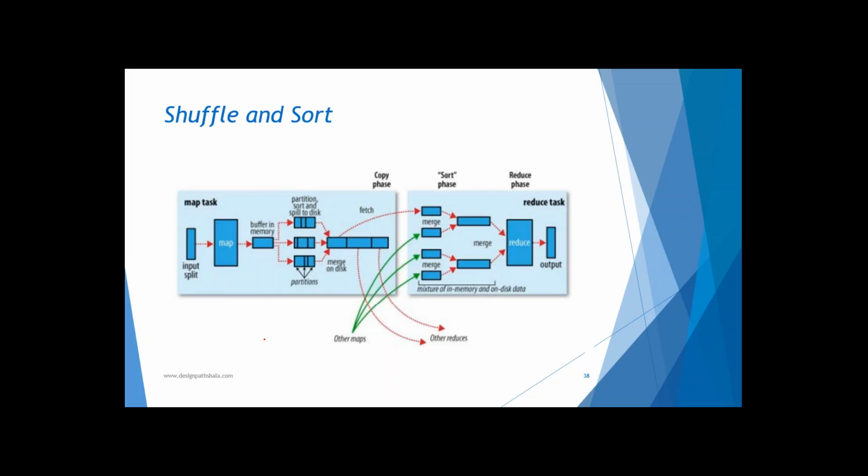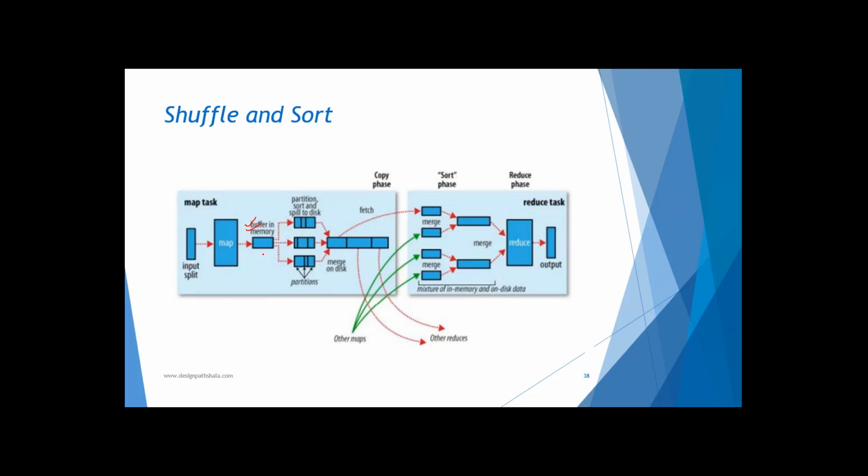All of these things are configurable: how much memory you want in this buffer, and whether you want to spill when the buffer is 80% full or 50% full. All of them are configurable in the config files.